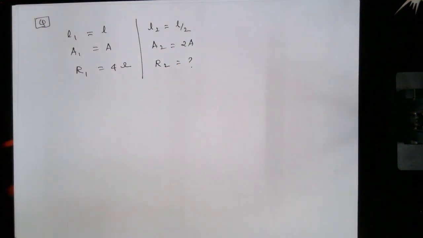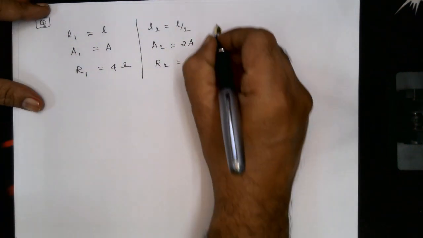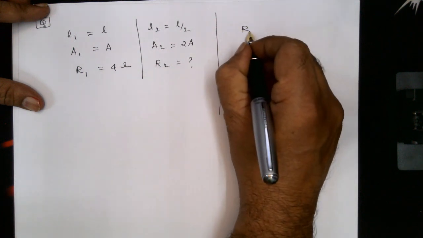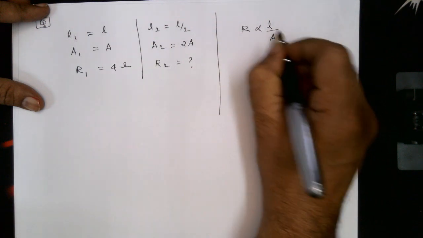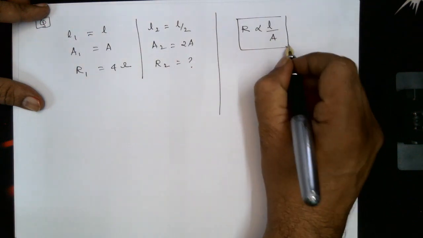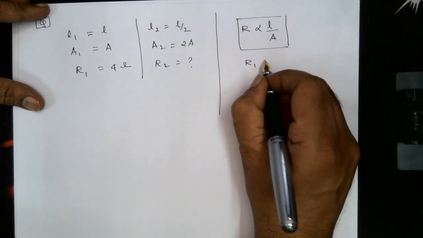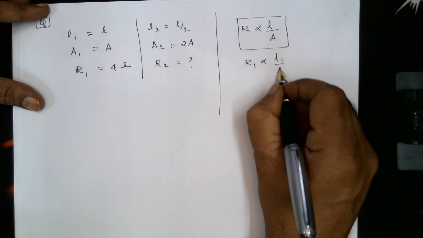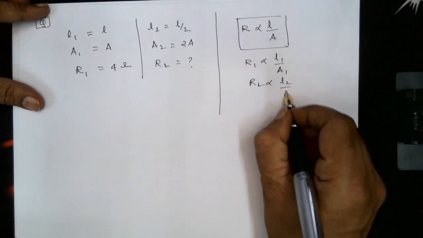Okay? Now listen. So we have here the equation: R is proportional to L by A. Is it not? We know this equation. And R1 is proportional to L1 by A1. R2 is proportional to L2 by A2.